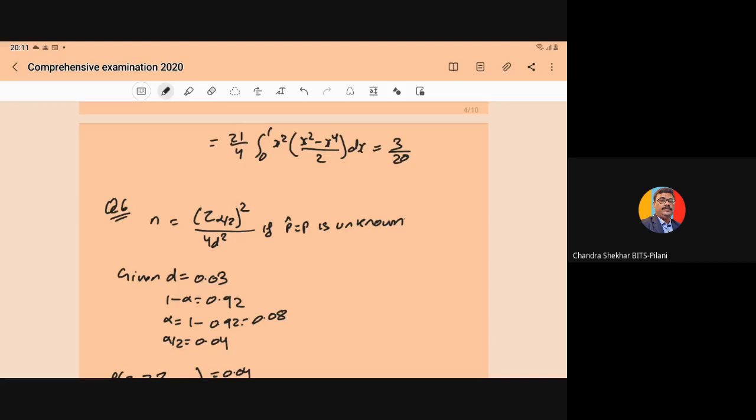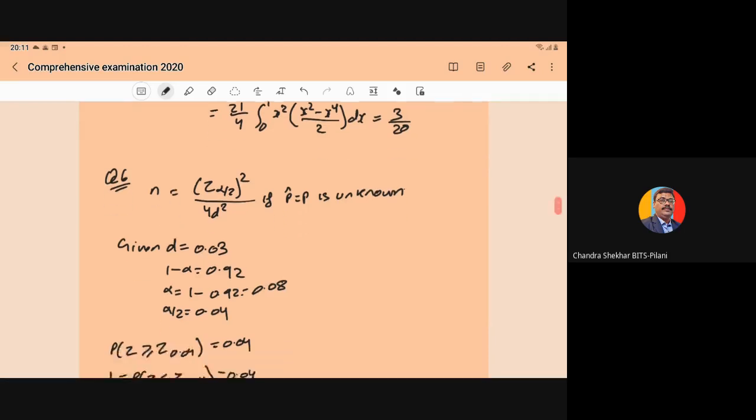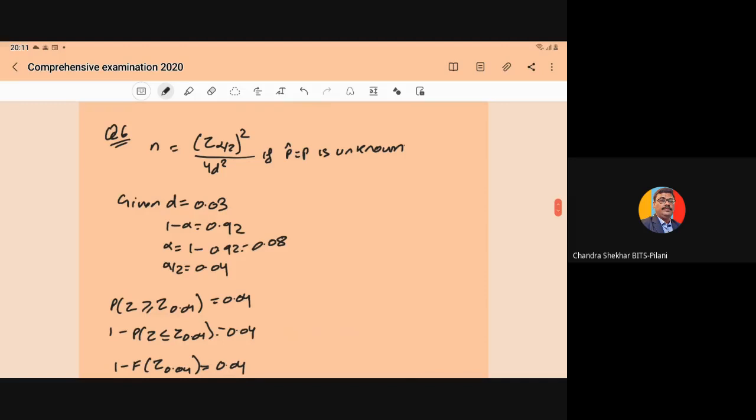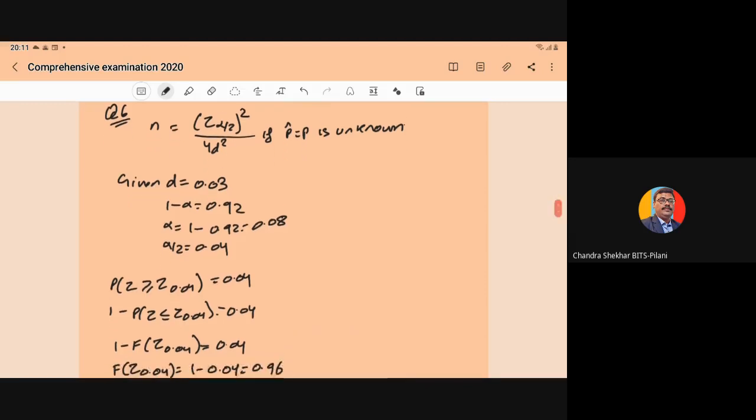When P is unknown, then we use this formula. So it is given to you d is equal to 0.03, the margin is 0.03, and 92% confidence means 1 minus alpha is equal to 0.92 or alpha is equal to 0.08. So alpha by 2 will become 0.04.